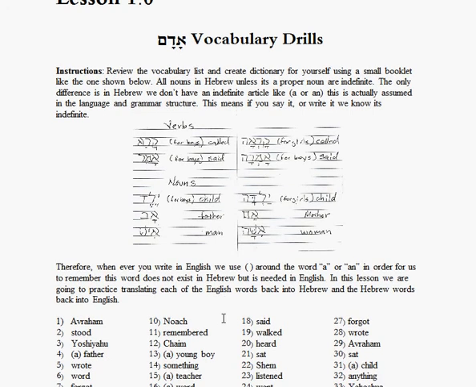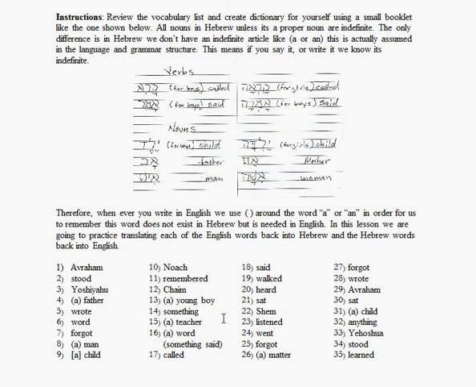So whenever we write the English, we use quotations around the word a or an in order to remember this word does not exist in Hebrew, but is needed in English. I really love doing this because it helps you visualize: wait a second, this word does not exist, so I know I'm just looking for what? What is the noun? That's it. What is the noun? If I have this noun, then I have the answer.